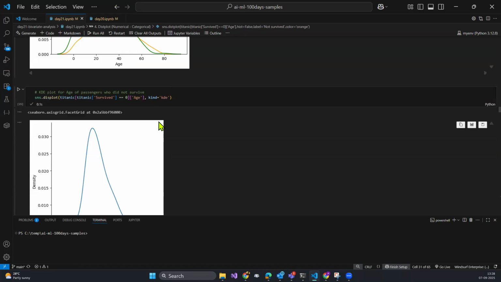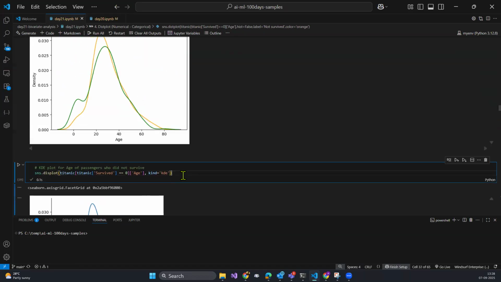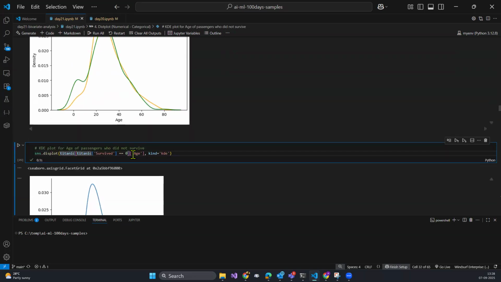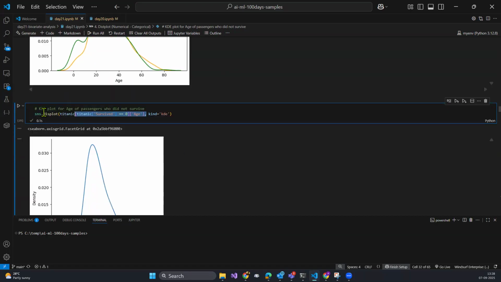And again, we can do one by one plotting. From the Titanic data sets, we are getting age, and we are doing this plot.